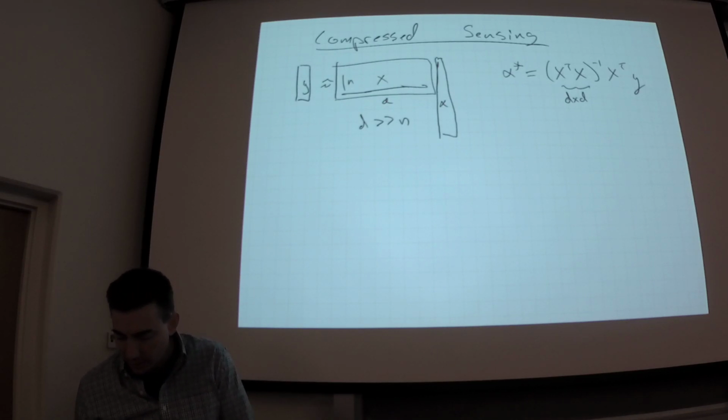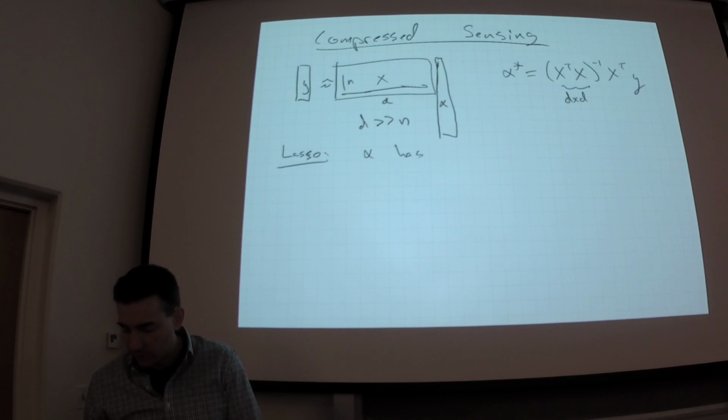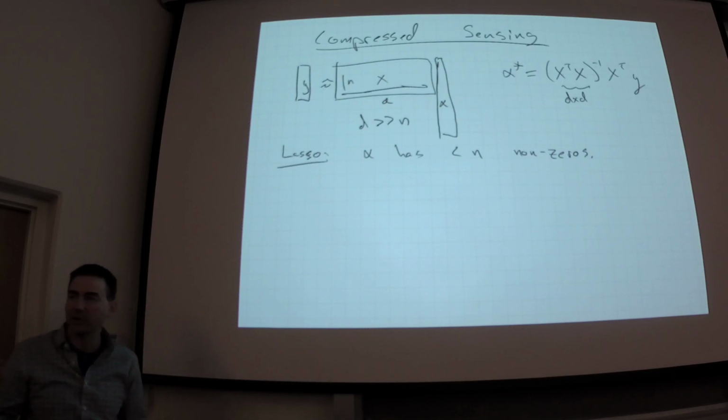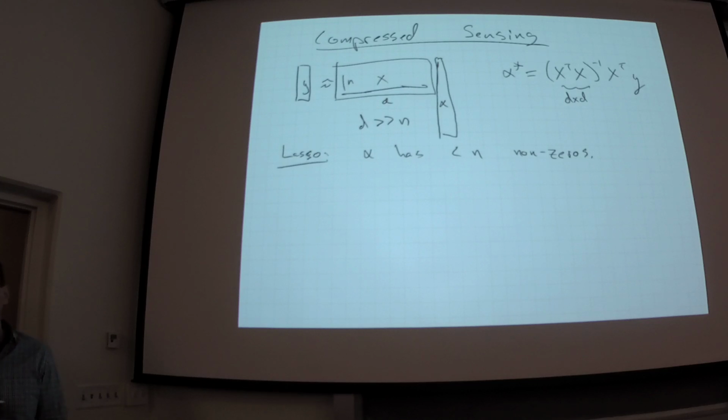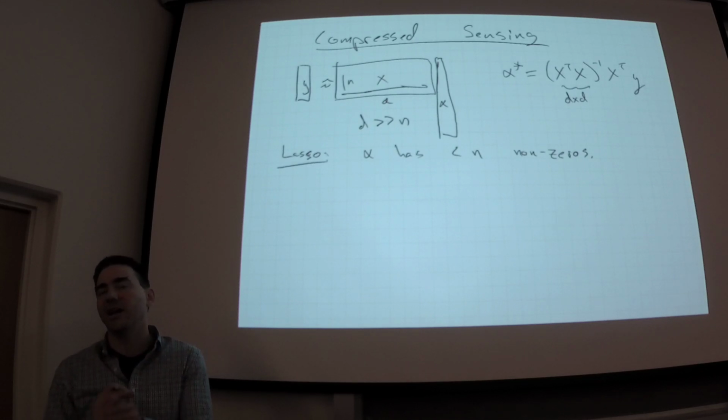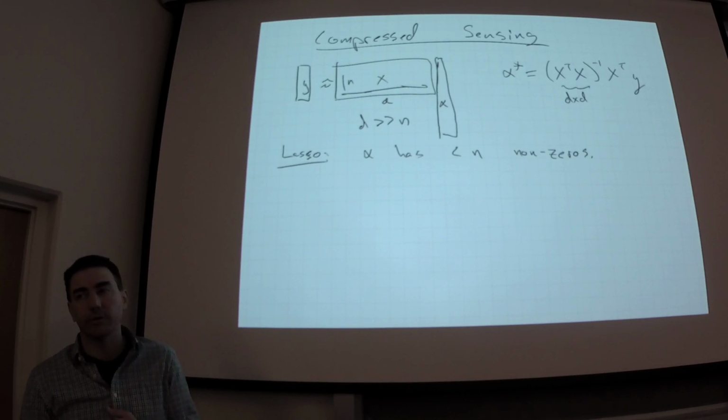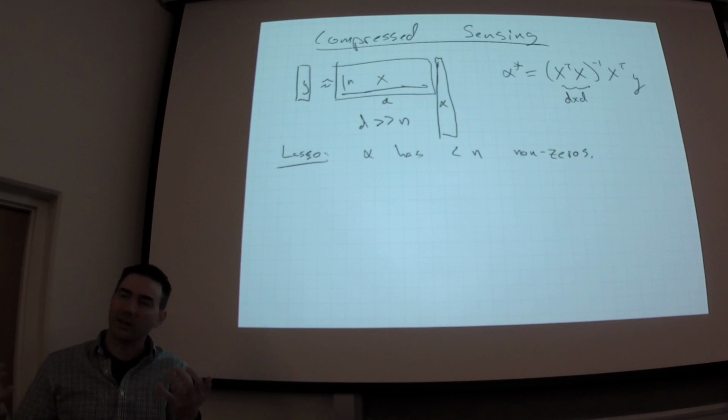Say I choose my Lasso constraint, the S or the T parameter, so that alpha must have less than n non-zeros. Now if I know what coordinates those are, I have fewer unknowns than I have data points, and I can solve it again.